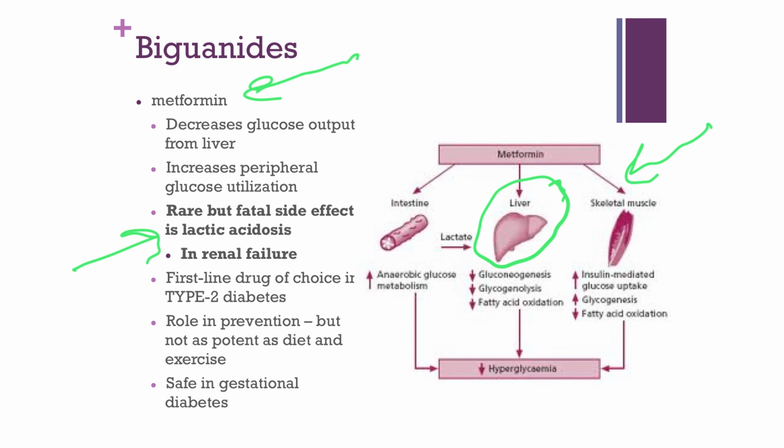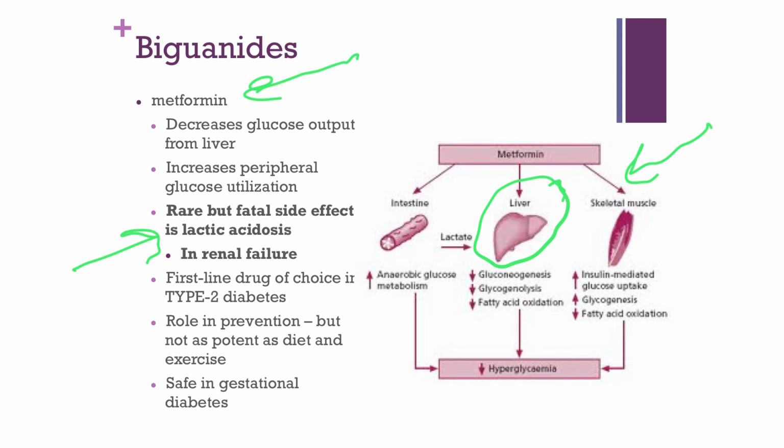It's just peed out unchanged. So if you don't have really good working kidneys, it will build up in the system and then cause side effects. So it is rare to see this with metformin, but it's an important side effect. Even though it's rare, the other ones were all taken off of the market because of lactic acidosis. So it is something to be on the lookout for and monitor in those patients.